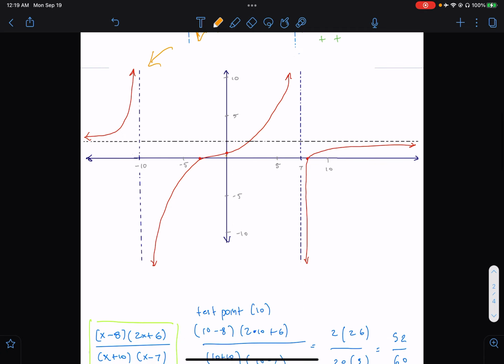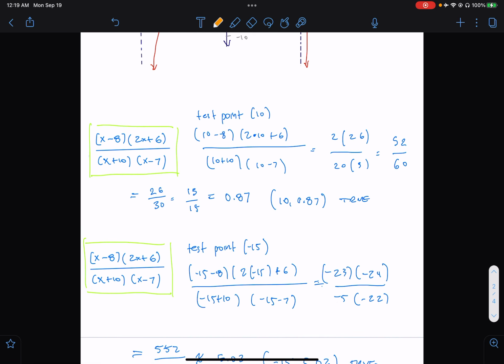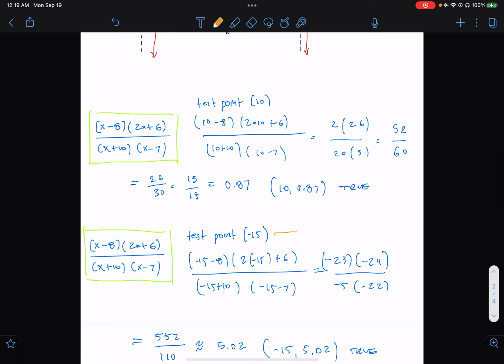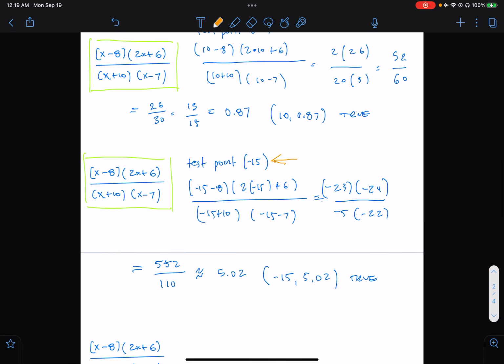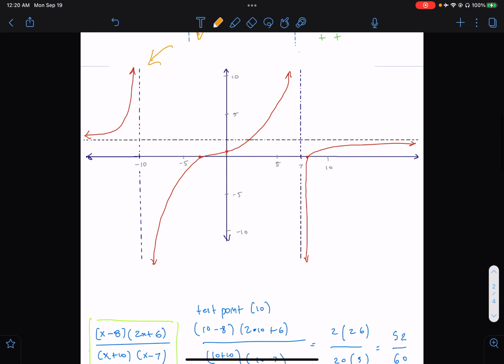And I did use a test point. Actually, I used a couple different ones. Here's a test point of -15 right here. And you'll see that the answer that I got when I plugged in -15 for all the x's is 5. So if we go back up here to see if a test point worked, at -15, which we could say is right here, we could say that the graph is basically 5.